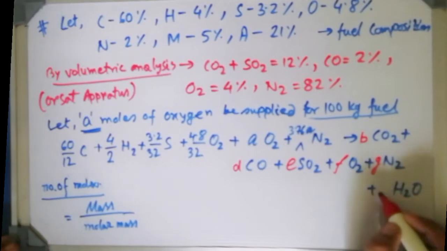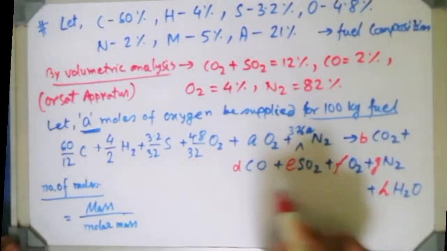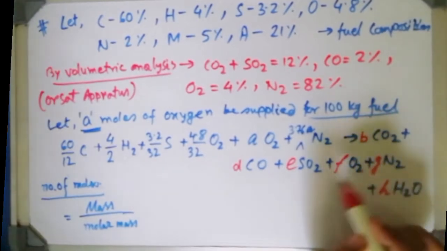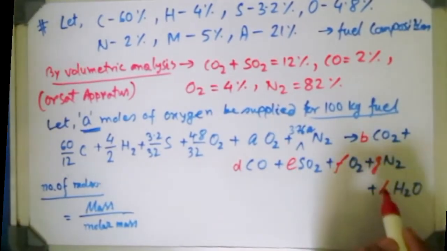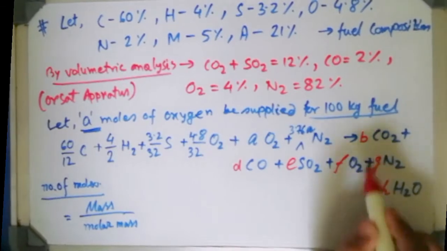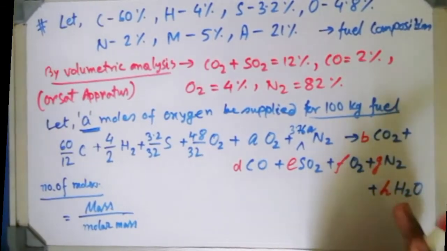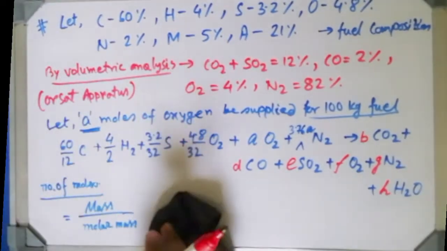Actually they are representing number of moles, but you can use a simple balancing technique. In childhood we balanced equations using a special technique known as the algebraic method. If you have forgotten, I can help you. Algebraic method of balancing.